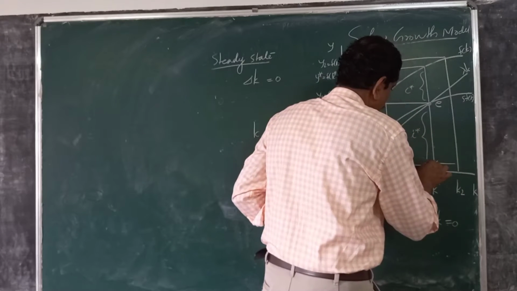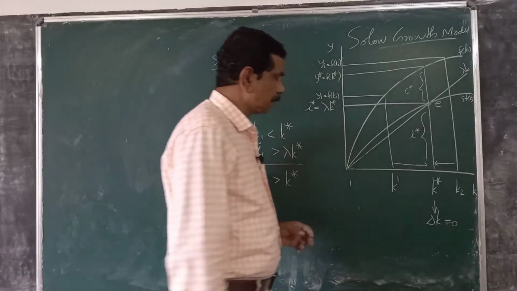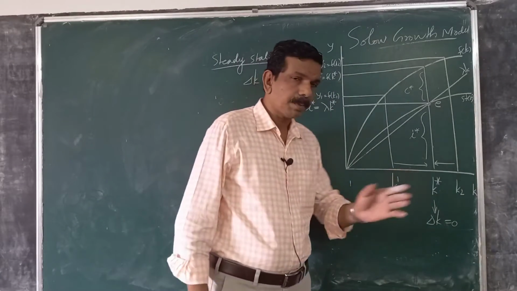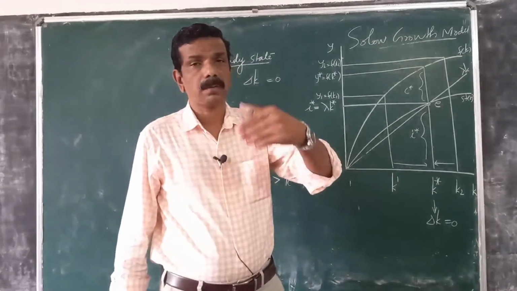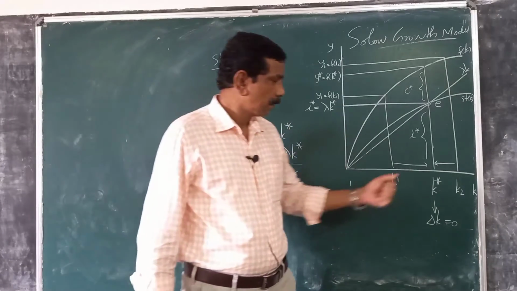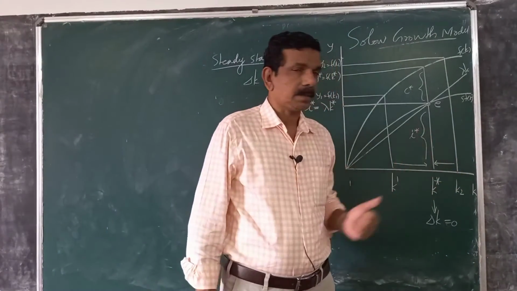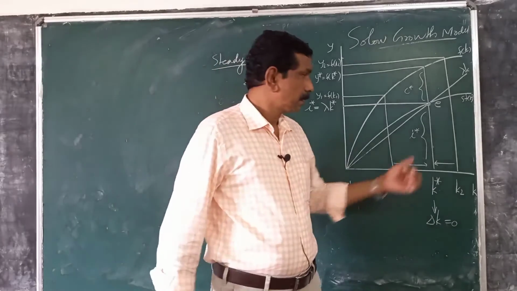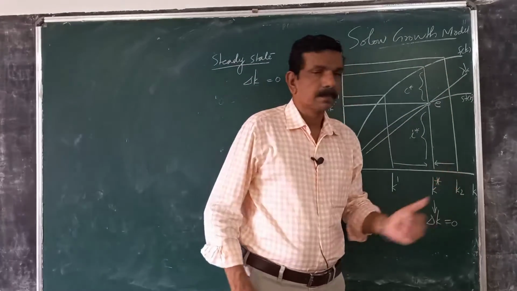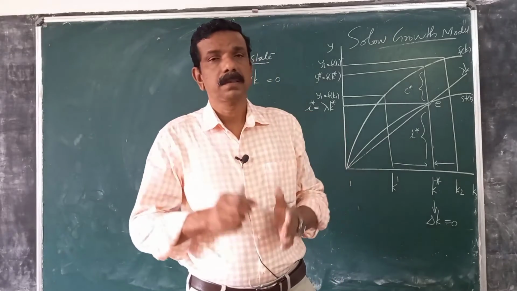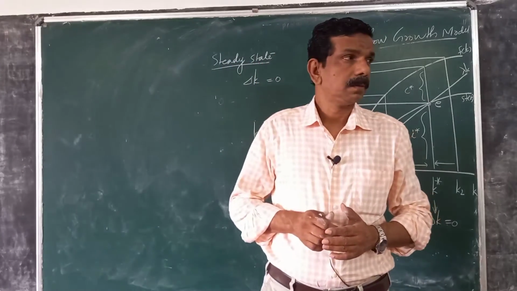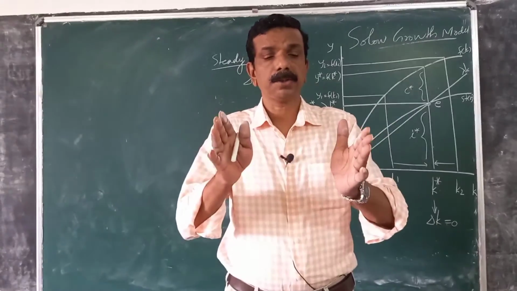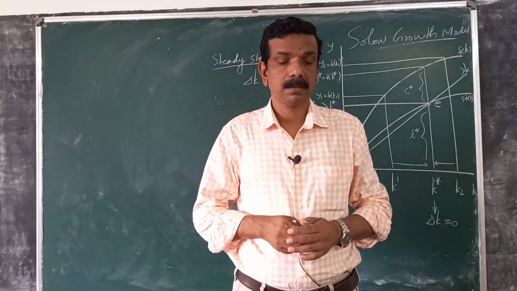So, whether the economy starts with a capital labor ratio which is lower or higher than the steady state, the economy ultimately moves towards the steady state capital labor ratio, where the capital labor ratio will remain constant.